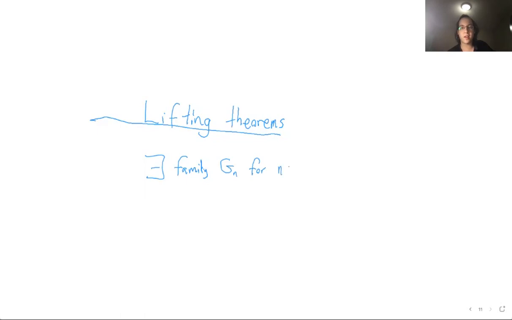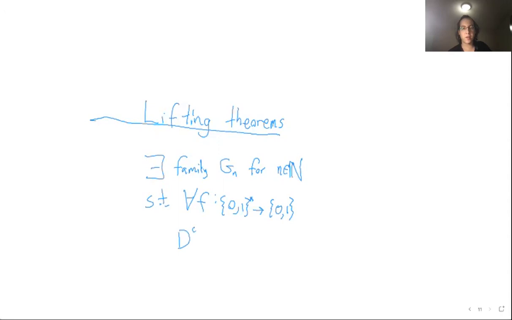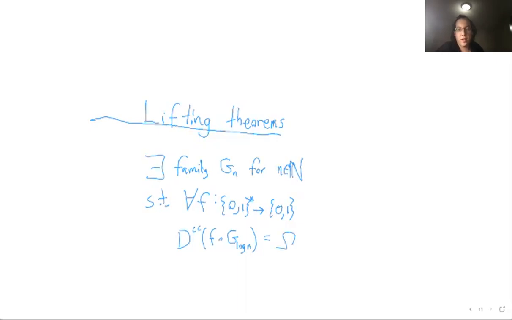So it's G_n for n in the natural numbers, such that for all F on n bits, let's just write it for deterministic communication complexity, the communication complexity of F composed with G on log n bits is at least the deterministic query complexity of F.